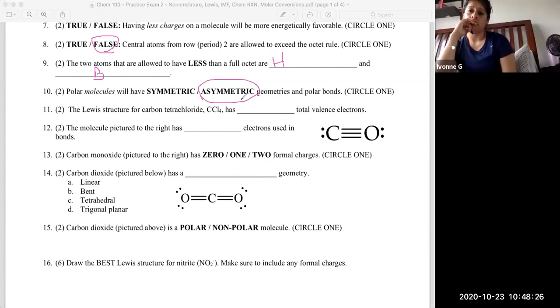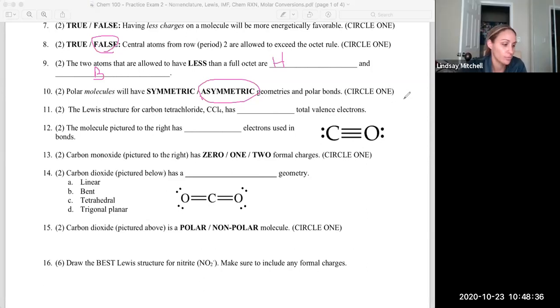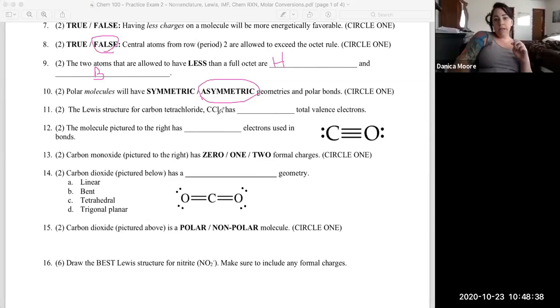The Lewis structure for carbon tetrachloride has blank total valence electrons. 32. So here we have chlorine, we have 4 of them, and each one comes to the table with 7 electrons.